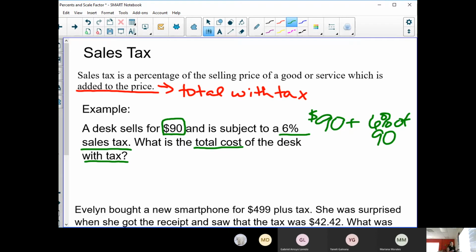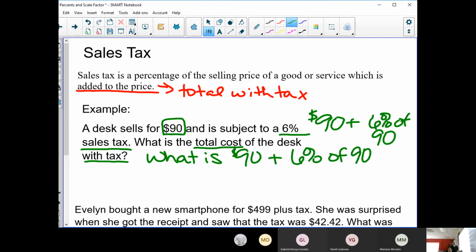So when I write this, I might look at it as what is $90 plus 6% of 90? So this is what we're trying to find. And this is going to help me write my equation.